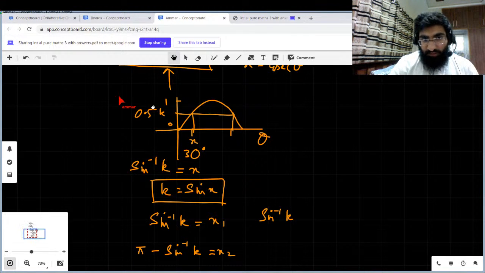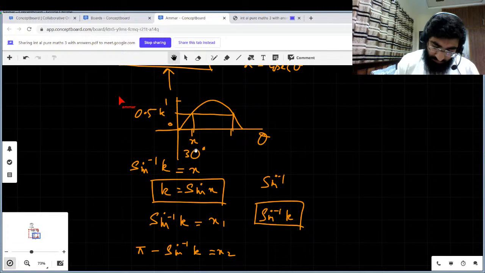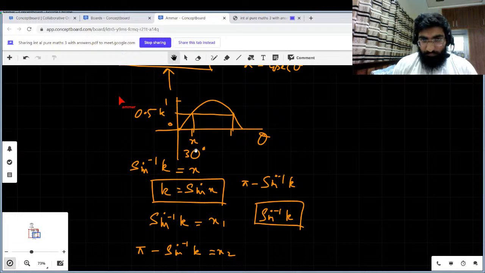And the other value is, so 30 degrees is equal to sine inverse of k, the other value is pi minus 30. So it is pi minus sine inverse of k. The other value is this one.